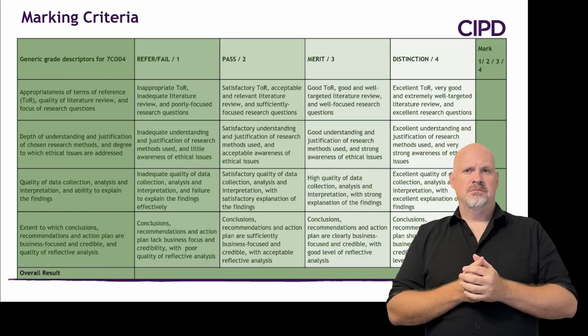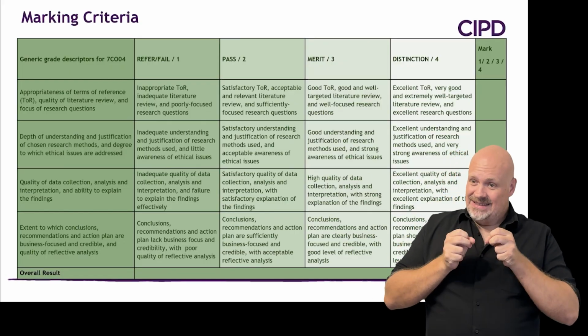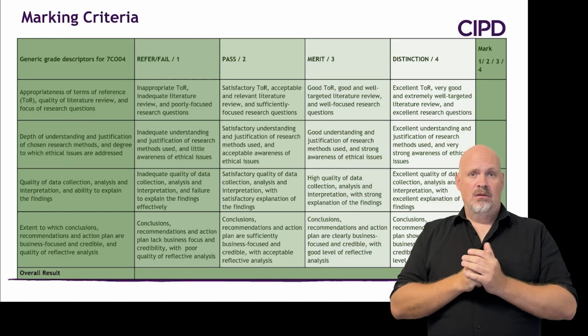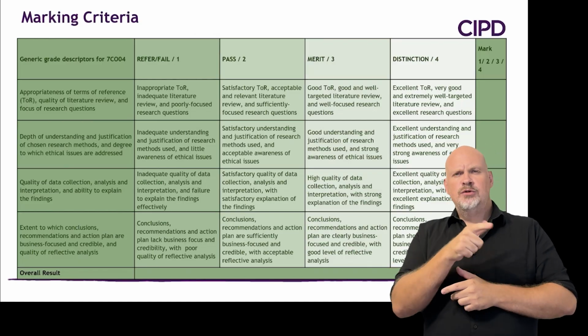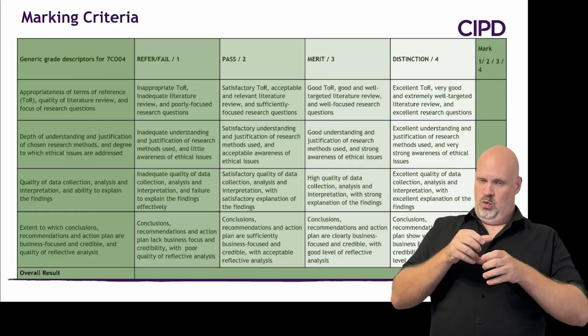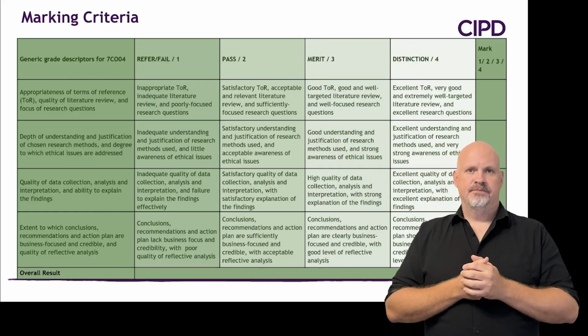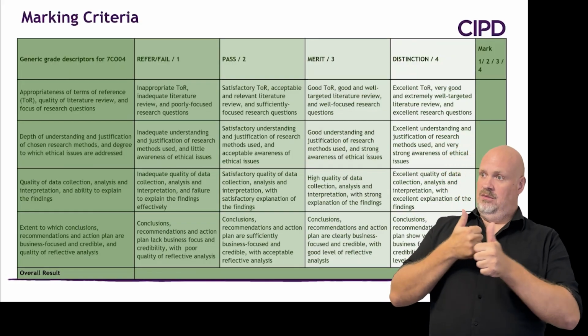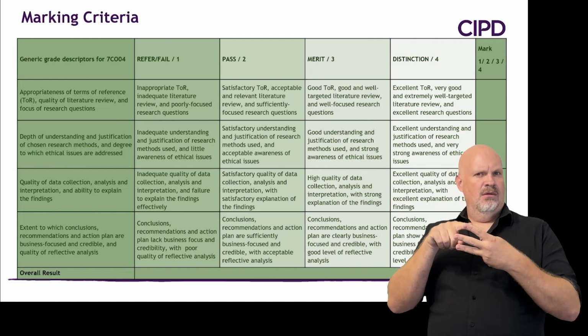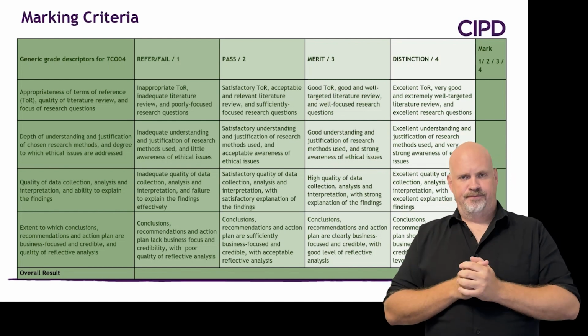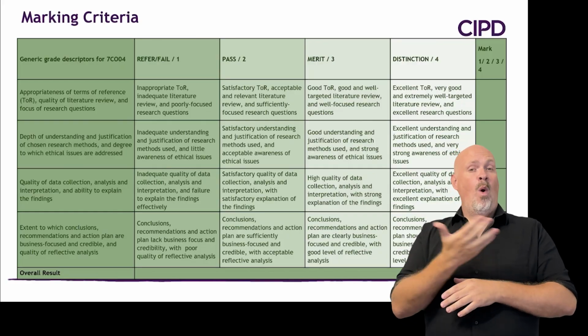So the generic grade descriptors are specific for this unit. And if you look on the left-hand column, you can see that they are actually mirroring the learning outcomes. So it's about the terms of reference and the literature review and the research questions, and then it talks about your research methods and the extent you're addressing ethical issues.